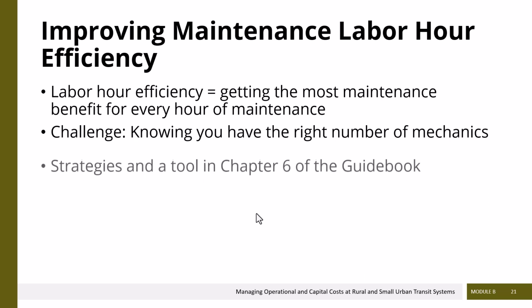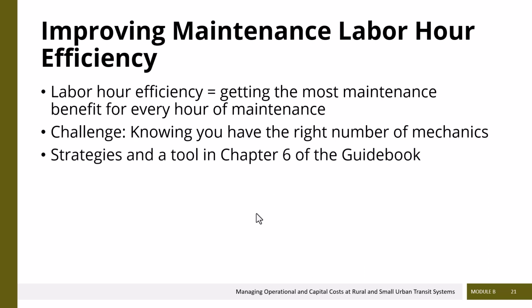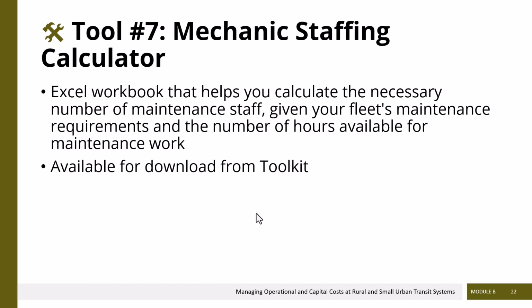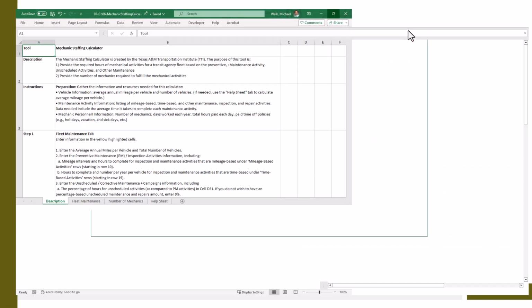There are several strategies discussed in Chapter 6 of the guidebook, as well as a tool, and I'm going to show you that tool here. It's tool number 7. We call it the Mechanic Staffing Calculator. This is an Excel workbook that helps you calculate the necessary number of maintenance staff, given your fleet's maintenance requirements and the number of hours available for maintenance work. Again, you can download this tool from the toolkit, and let's take a look at it together.